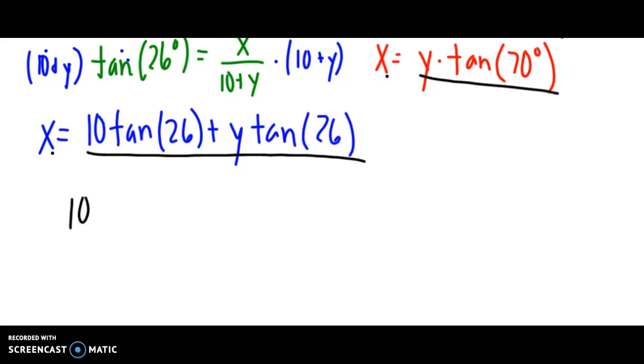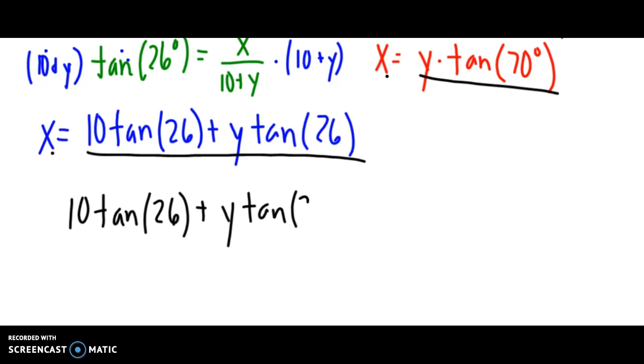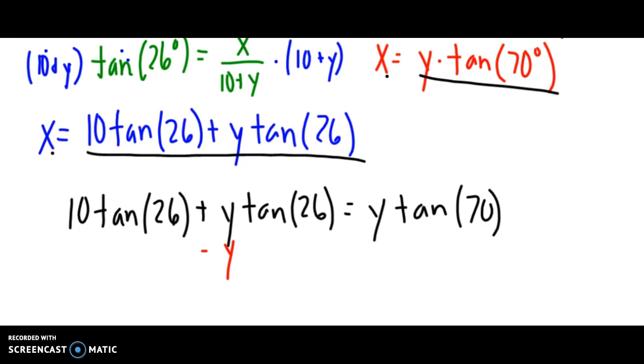So I'd say 10 tangent of 26 degrees, which again is just a number, plus y tangent of 26 is going to be equal to y tangent of 70. So again, this is just like a more involved problem. Both of the y's have to be on the same side, so I'm going to subtract y tangent of 26 from both sides.